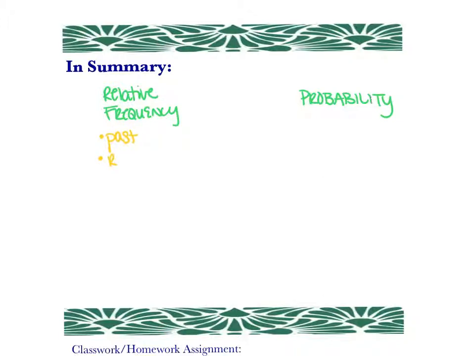Relative frequency is going to be a number that ranges from 0 to 1. 0 meaning it didn't happen, 1 meaning it happened every time.